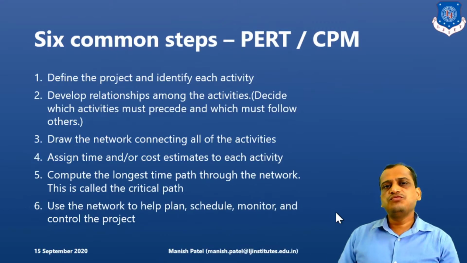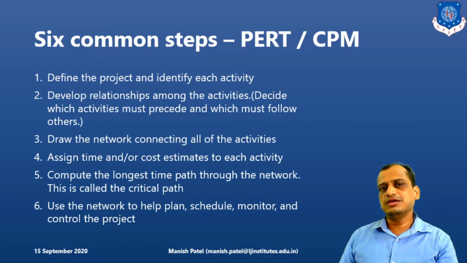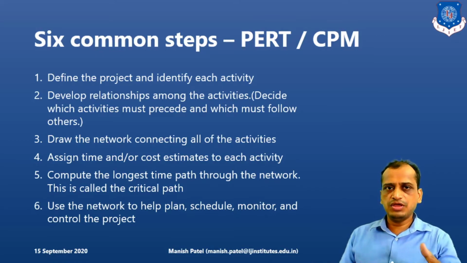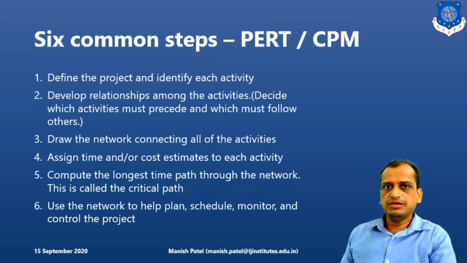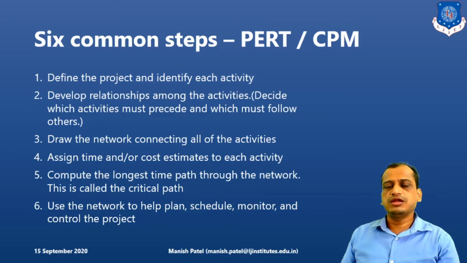Now, what are the steps? We already discussed them in the critical path method, and similar steps are there in PERT as well. First, we define the project. Second, we define the relationships, because if we have the relationships of activities, we can arrange them in a logical sequence and, based on that, draw the network diagram.